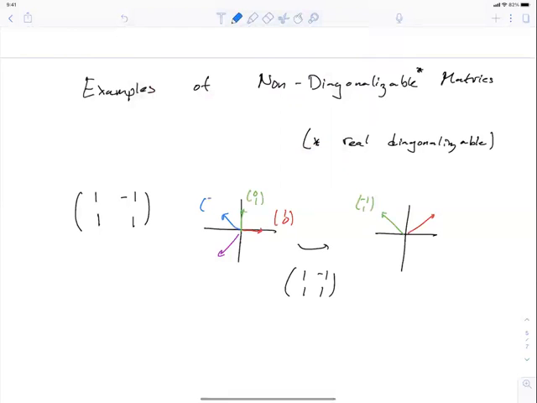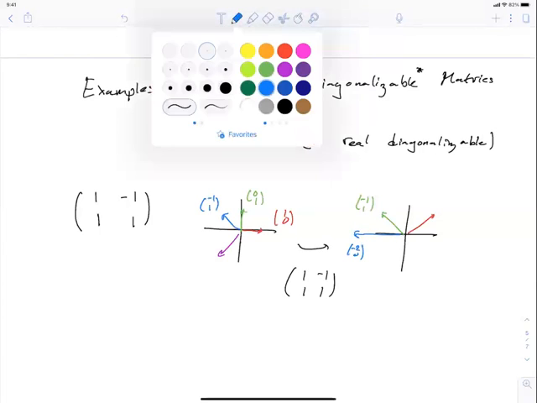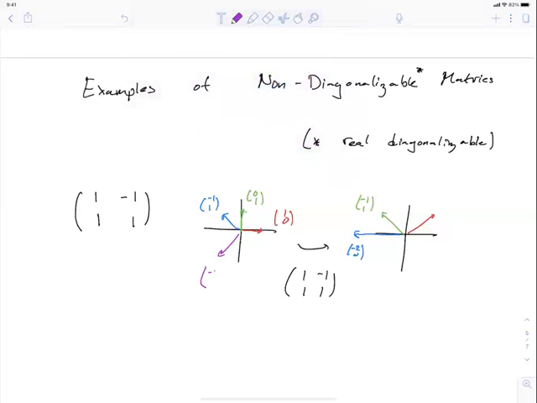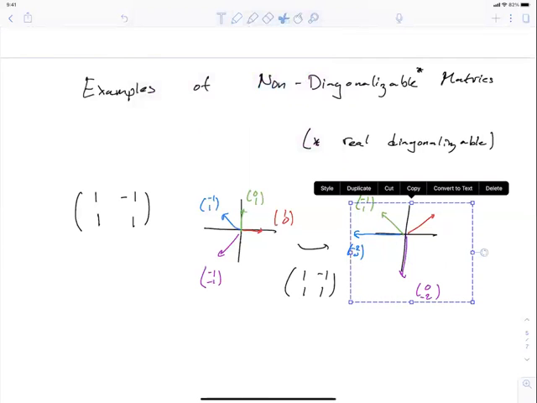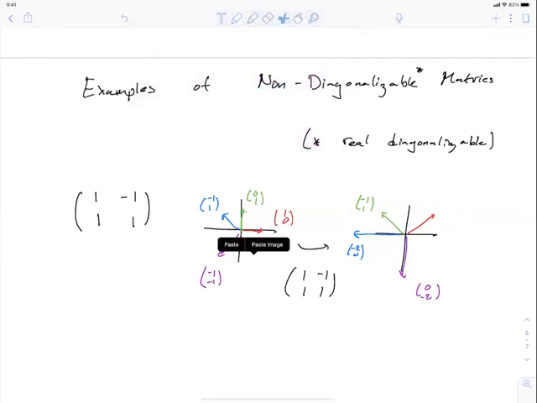This one right here, (-1, 1), is going to go to (-2, 0). And this one right here, (-1, -1), is going to go to (0, -2). We can look for eigenvalues and eigenvectors by comparing which ones go in the same direction.